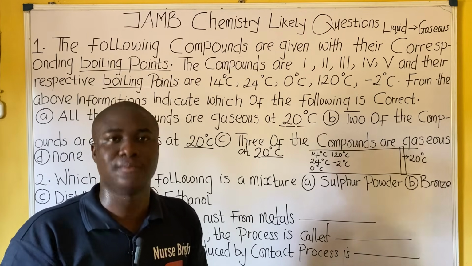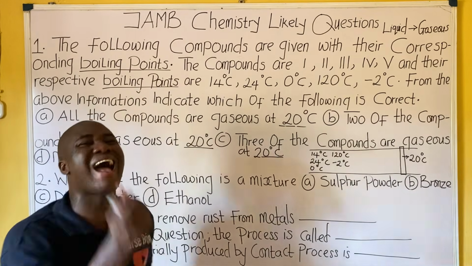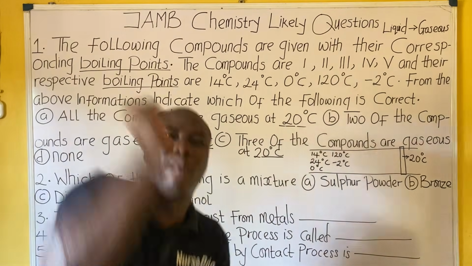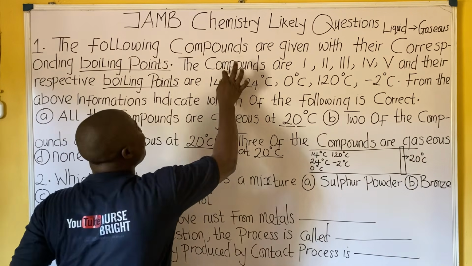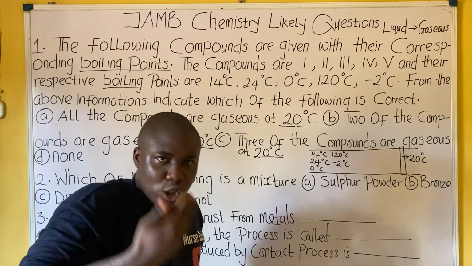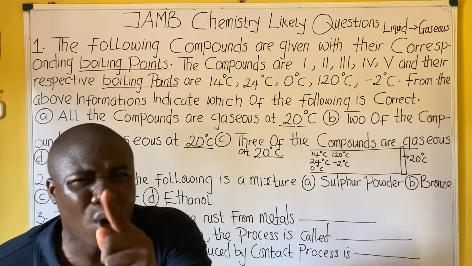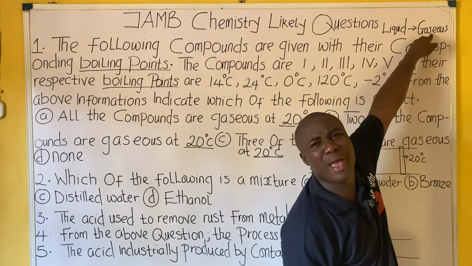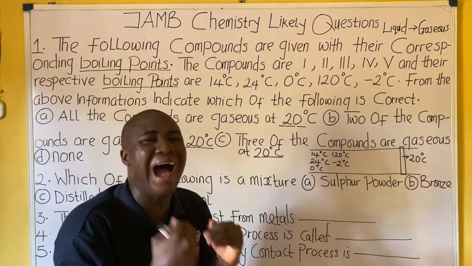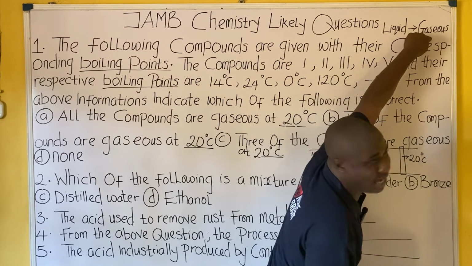You just relax. I said here that all of these temperatures are the boiling points. They are the temperatures at which these compounds should start boiling. So for instance, when we get to 14 degrees Celsius, this compound A should have started boiling, and when that compound starts boiling, it should turn into a gas, because the boiling point is the temperature at which a substance changes from liquid to gaseous form.